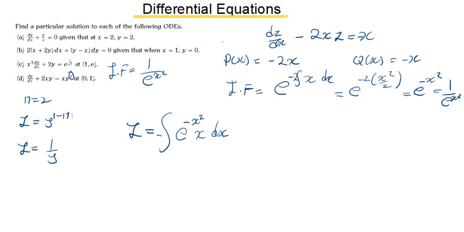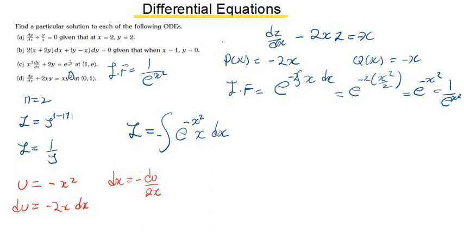So now it's just a matter of us deciding which method of integration works best for such, which is simply u substitution. I'm going to let my u be equal to negative x squared. So du is going to be equal to minus 2x dx, making our dx equal to negative du over 2x.